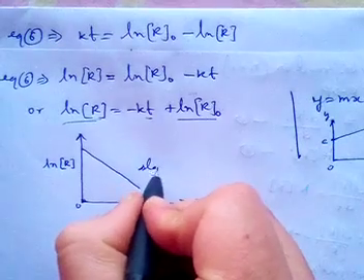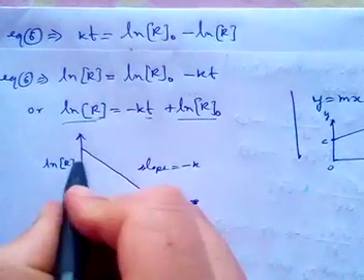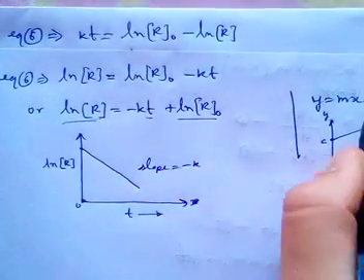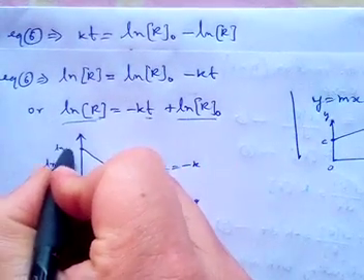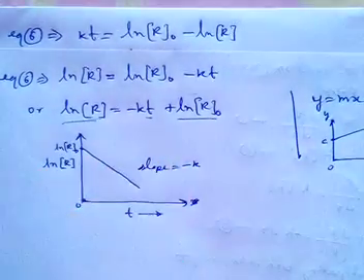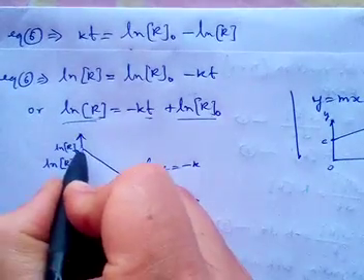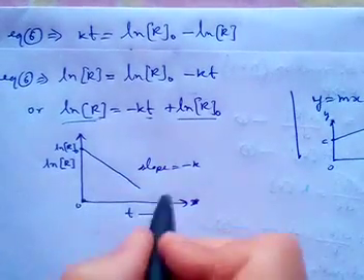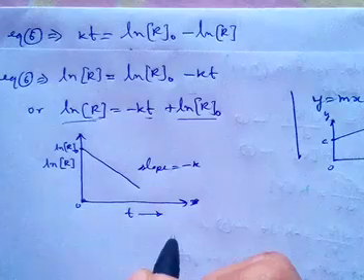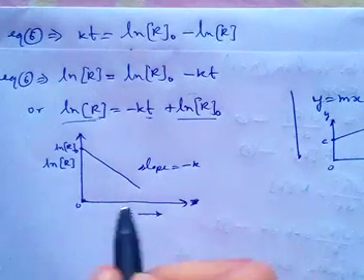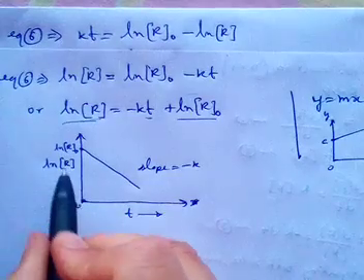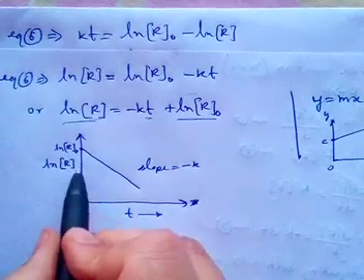So the slope is minus k, and what is the intercept value? The intercept value means this constant, so ln r0 is the intercept. So this is one of the important graphs.